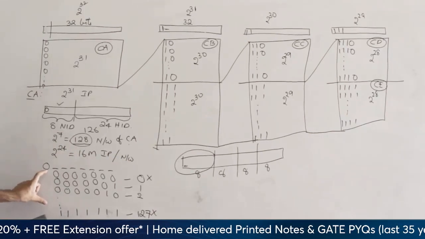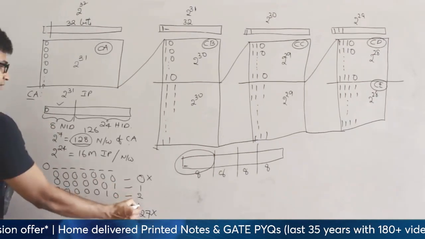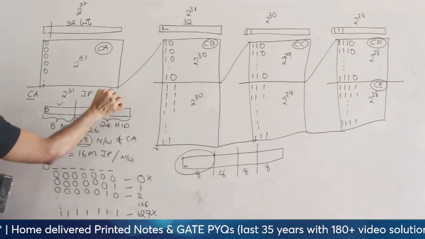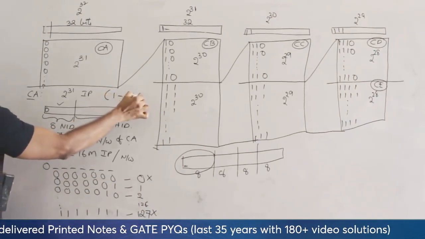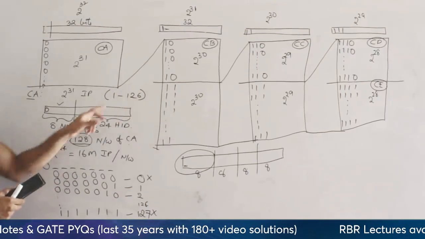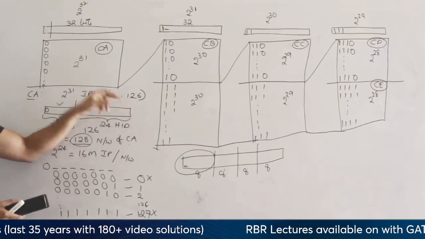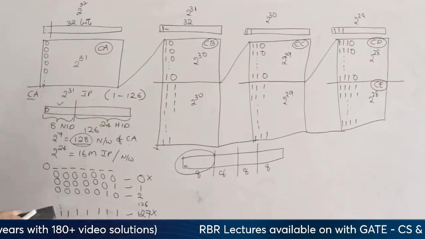So this is the range. The range of class A is 1 to 126. So if you see any IP address in which the starting number is any number from 1 to 126, you can say that it is a class A network, right?